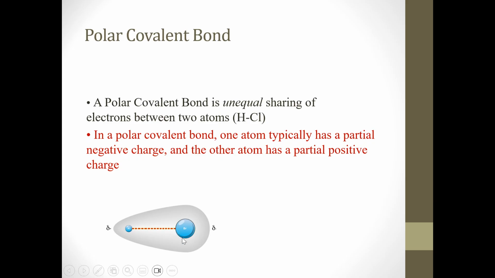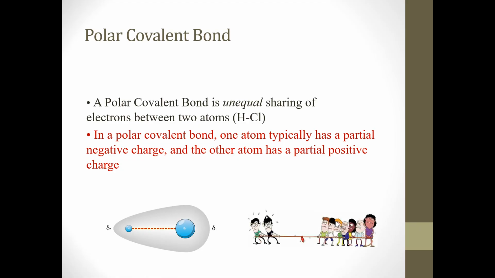And since chlorine is so much more electronegative than hydrogen, the electrons would spend more time around that particular atom. So it's like an uneven share where one side, in this case the chlorine, is pulling so hard against the other atom that the electrons spend more time around one atom and not the other. That would be a polar covalent bond. Covalent because it's shared, but now because they're unequally sharing it, that would be a polar covalent bond.